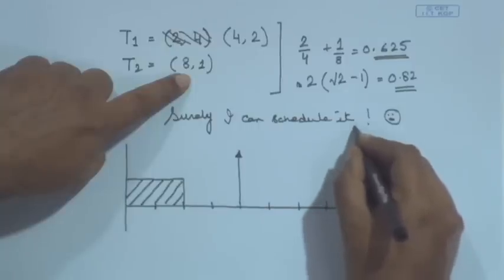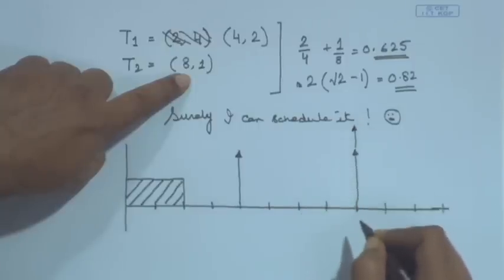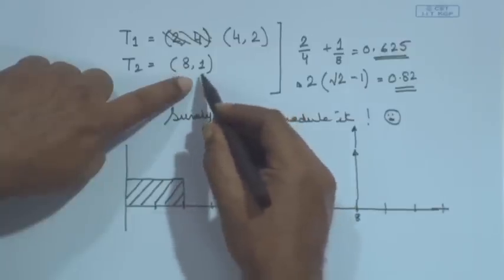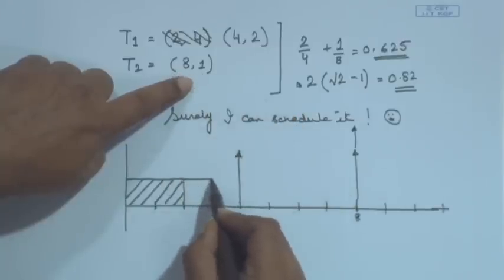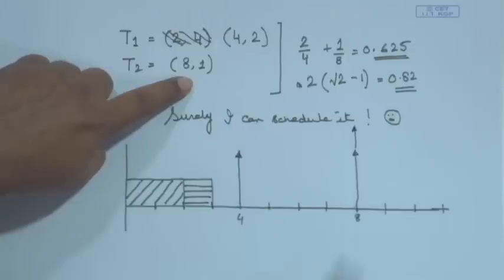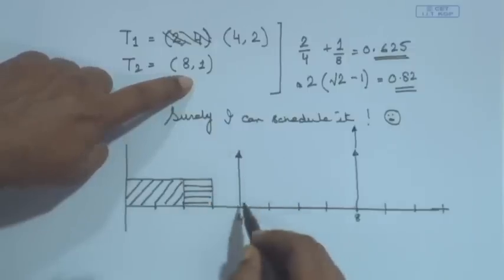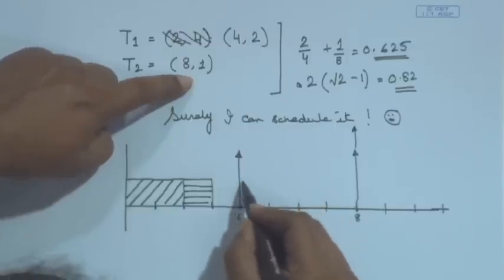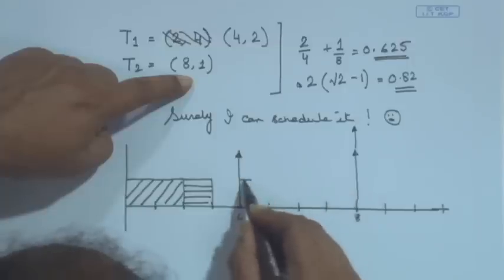So, T2 will also come here at 8. Now, T2 is being scheduled here and T2 will take 1 unit. T2 has executed here. Now, during this time nothing is there. Now, at this point which one is the active task? T1. So, T1 will take again 2 units, 1, 2.